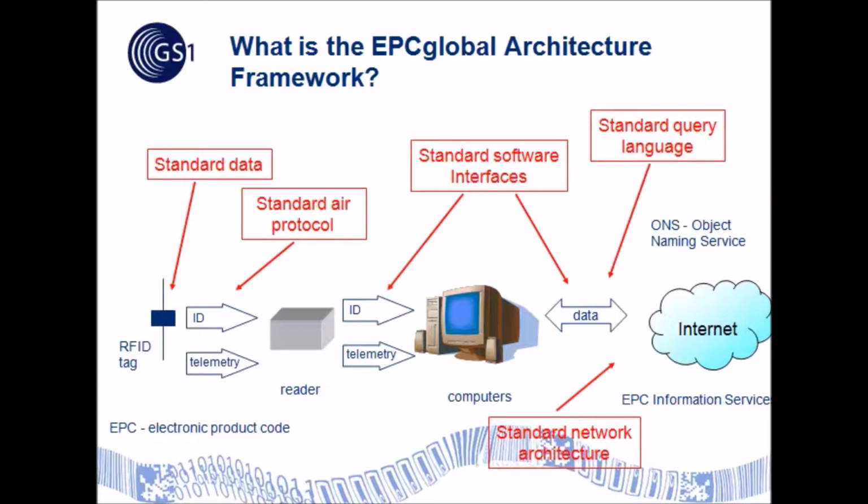We have an application level event to filter the information. We have the EPCIS server to store the information. Then we also provide the standard query language for the remote user, no matter the customer or the partner of the supply chain.